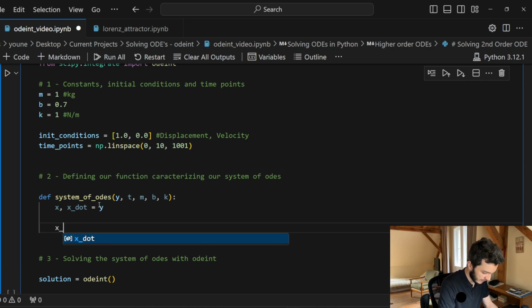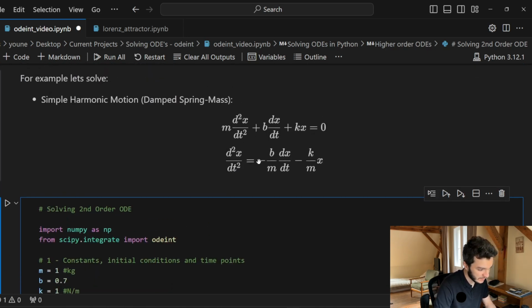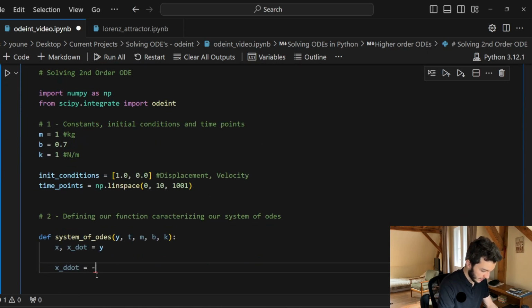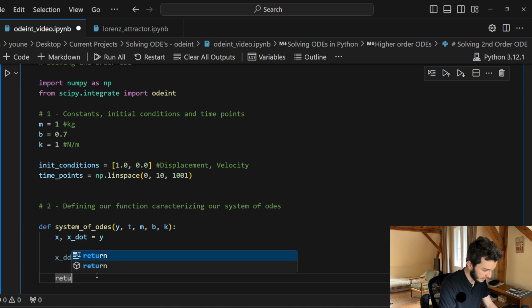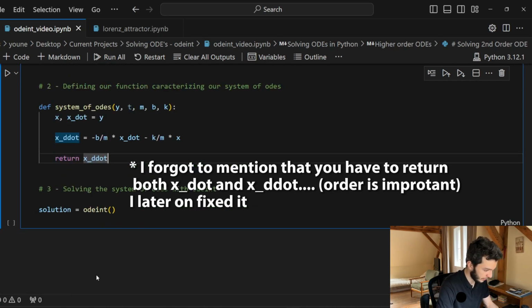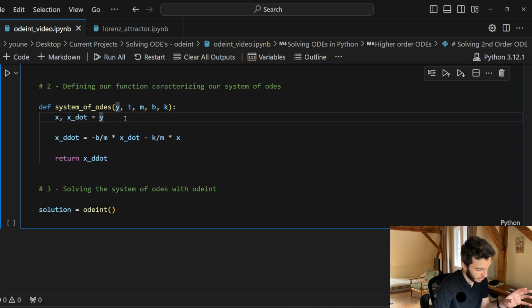So let me call it x dot dot is equal to this equation right here. So it's minus b over m times x dot, and then minus k divided by m times x. Okay, and then we return x dot dot. Very good. We fully define our function right here. Remember, this doesn't depend on t as well. It's not very much a problem, but remember, you have to specify this argument right here.